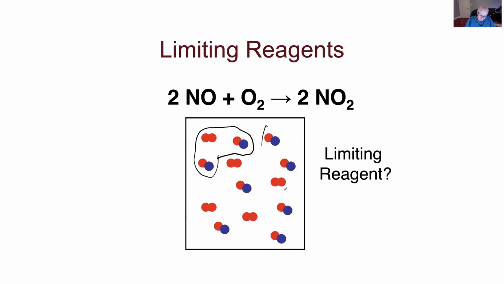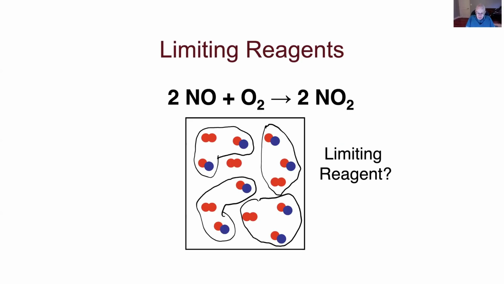I might do that clump there in the corner and say those can react together. I might take this one over here and say those can react together. Here's a set; there's nothing special about which groups I'm grabbing. And here again are two NOs and an O2 that I can circle up. When I do that, I'll notice that what I have left over at the end is an oxygen molecule.